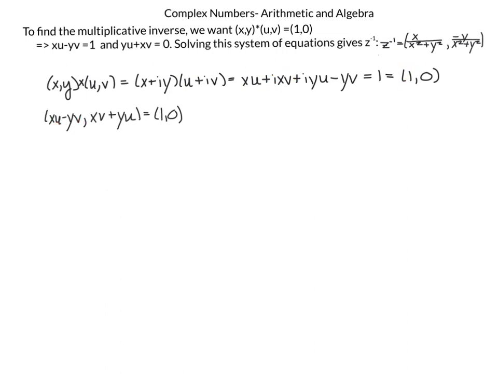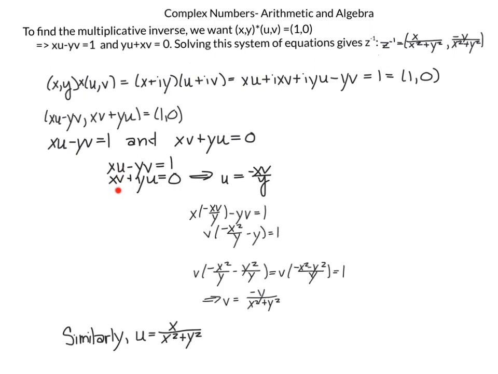And then I can group my imaginary parts, xv and yu, and set that equal to 0. At this point, we have two equations, xu minus yv equals 1, and xv plus yu is equal to 0. So we have two equations and two unknowns. Remember, we know what x and y are. We're trying to find u and v that will give us our inverse.